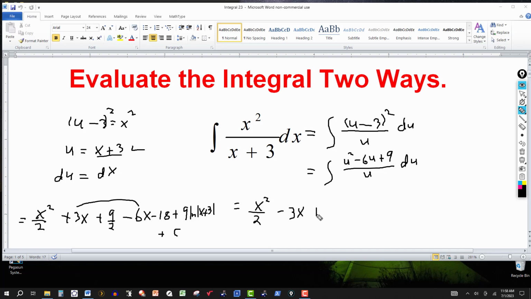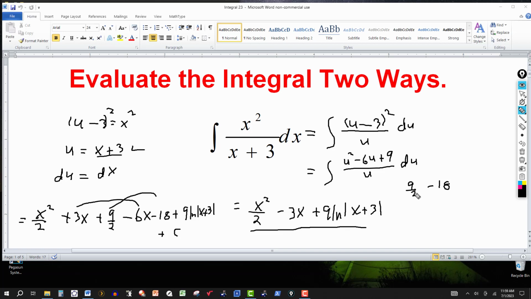Then we had a plus 9 natural log of absolute x plus 3. We got that using the other method. The only extra stuff that we have here is the 9/2 minus the 18.